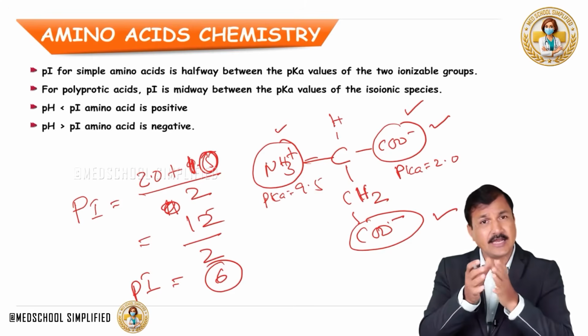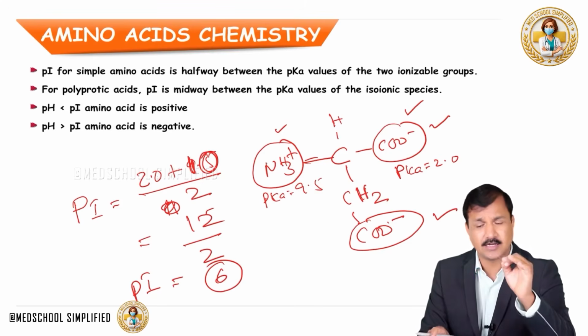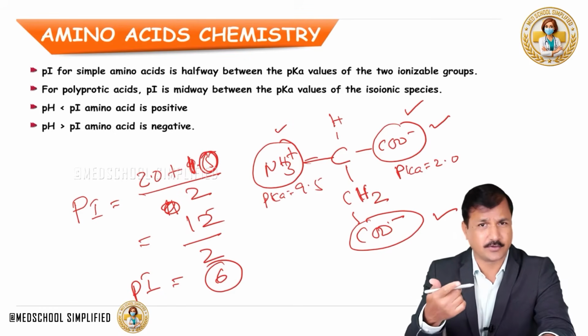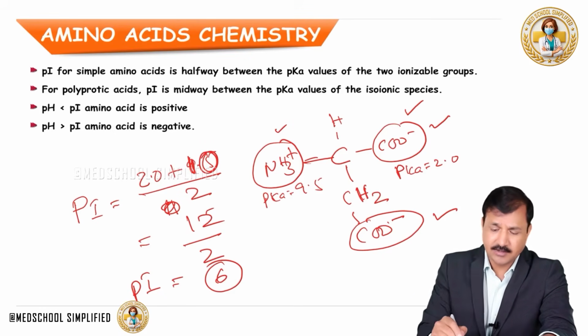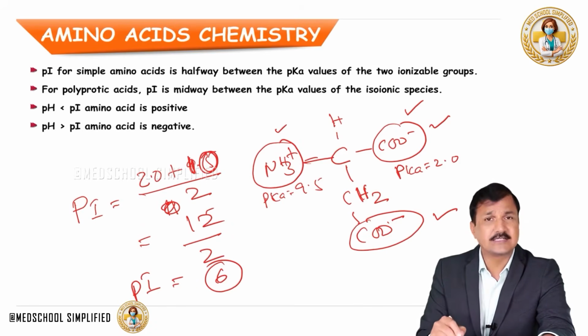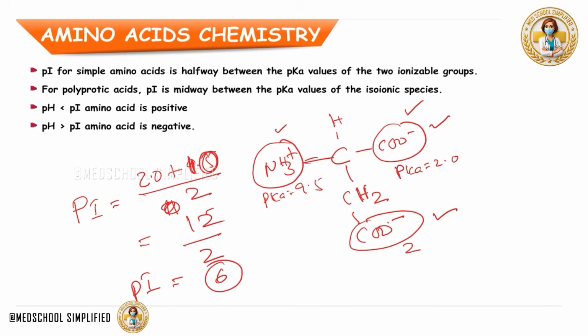Whenever similar groups are there in an amino acid, you need to take the average pKa of the similar groups. So you will take the average pKa of these two carboxyl groups. For the primary carboxyl group, pKa is 2. For the side chain carboxyl group, it's not an accurate number, I just write 2 there, pKa 2 again.